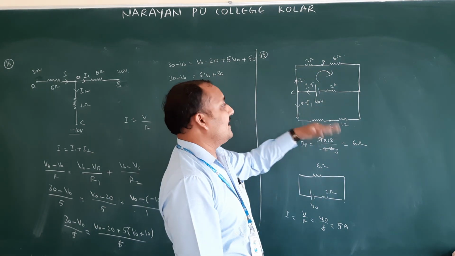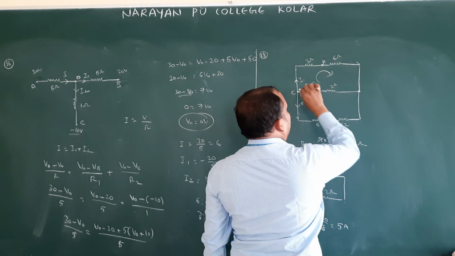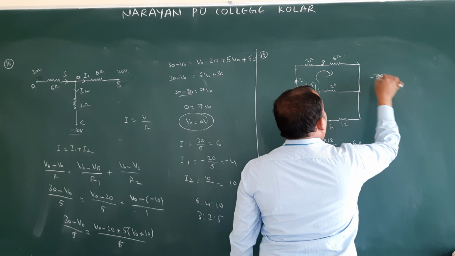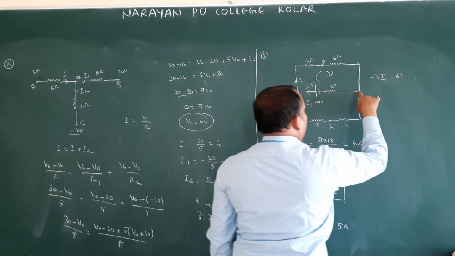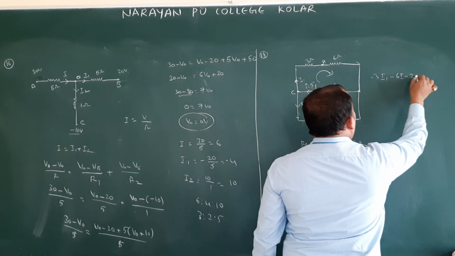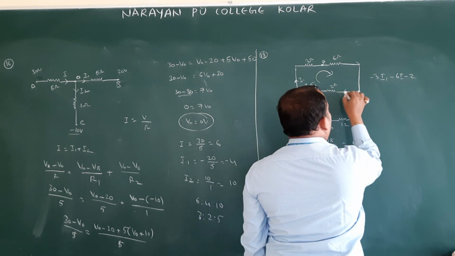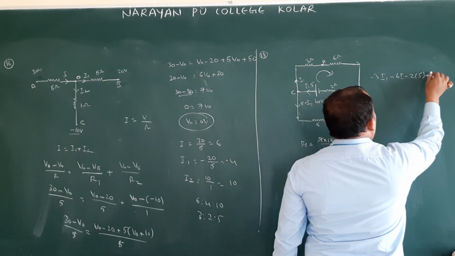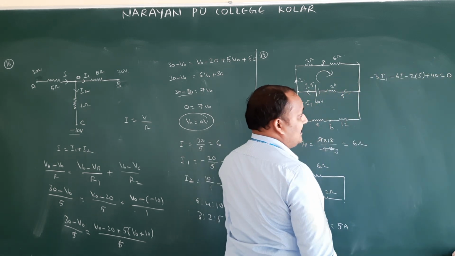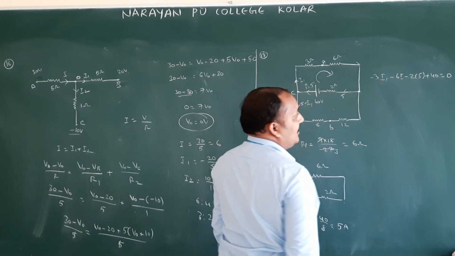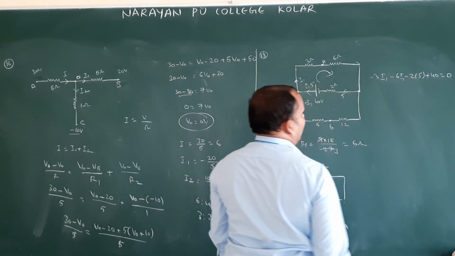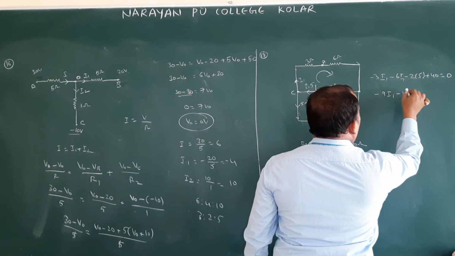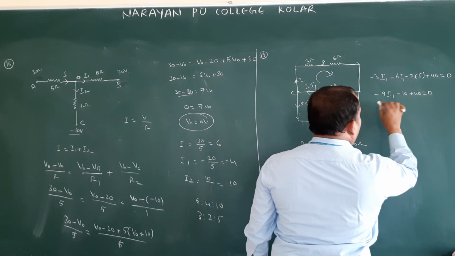So loop rule will be there now. We are going like this. Current direction also same. Then minus 3 I1, minus 6 I1. So we are coming like this. Current direction also same. Minus 2 into this current value, how much? In this 5. 2 into 5, 10. Negative to positive, therefore plus 40 is going to become 0, because we want I1 value. Minus 6 I1 minus 3 I1, minus 9 I1 minus 10 plus 40 is equal to 0.